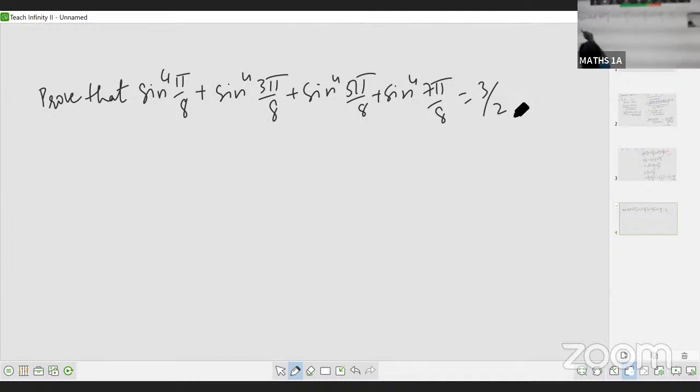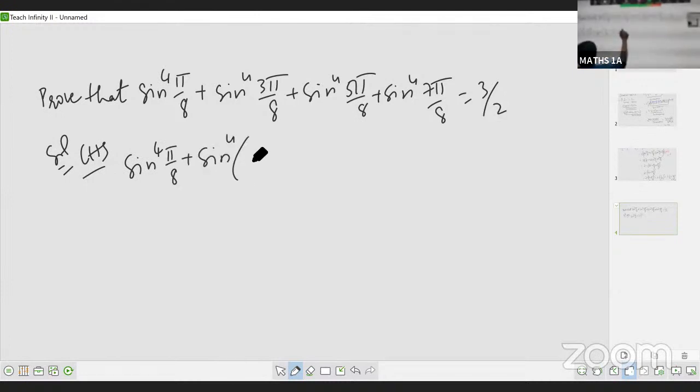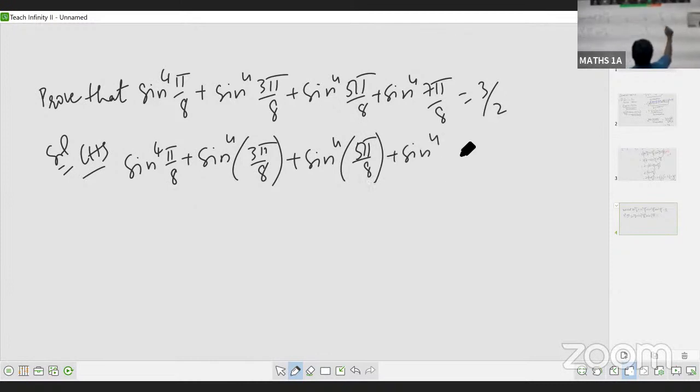Same approach. Is it clear? LHS: sine to the power 4 pi by 8 plus sine to the power 4 3 pi by 8 plus sine to the power 4 5 pi by 8 plus sine to the power 4 7 pi by 8.